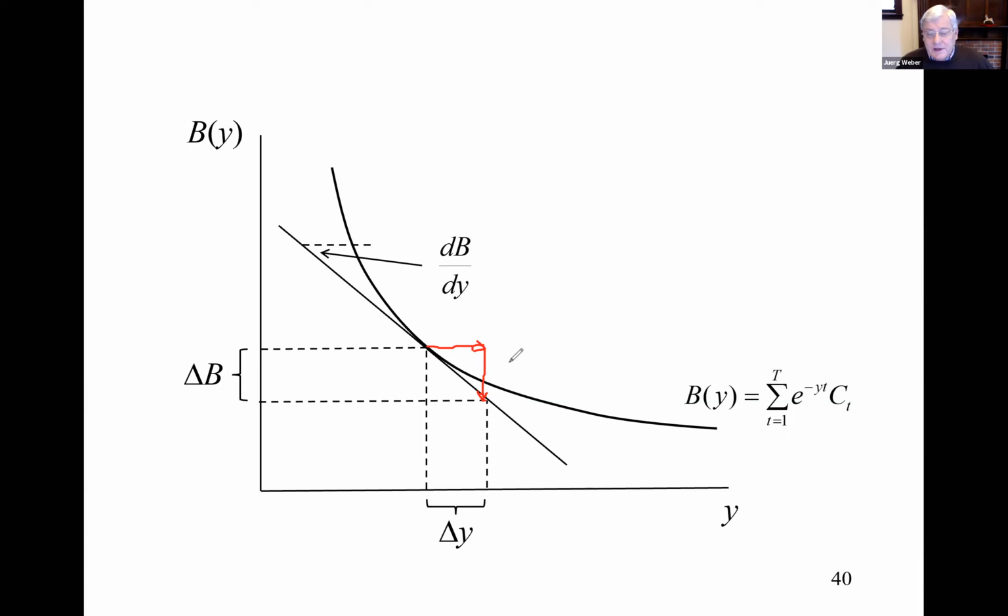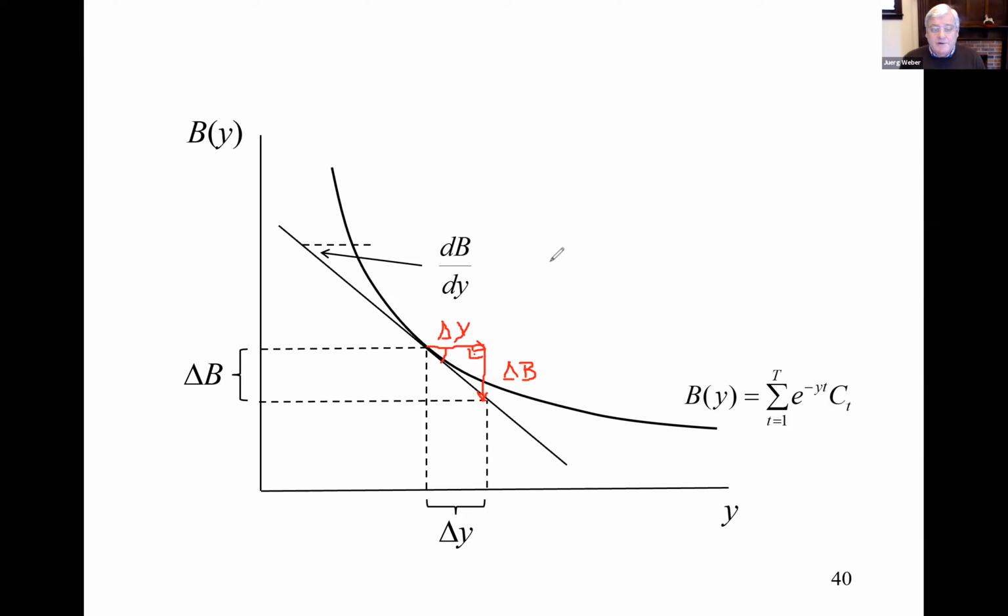So I have here the change in the bond price. Here I have the change in yield. And this is a right-angled triangle. So if you divide the change in the bond price by the change in yield, you get the tangent of this angle down here to the linear line.